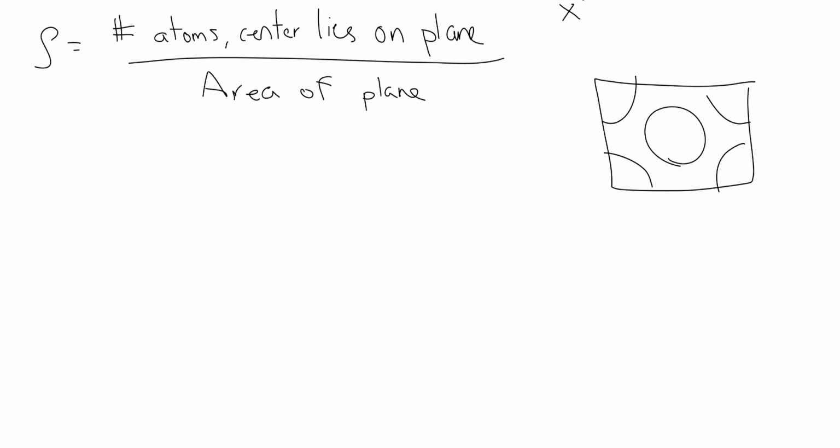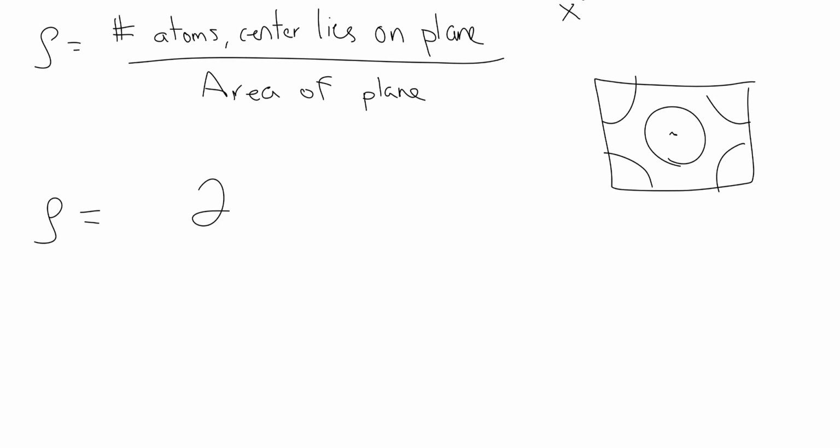Right off the bat we can see that the center of one atom lies on this plane, which is the body-centered atom. But if we put the four quarters together, we get another atom. Therefore, another center lies on this plane. Therefore, we have 2 atoms whose centers lie on this plane, giving us a total of 2 atoms.